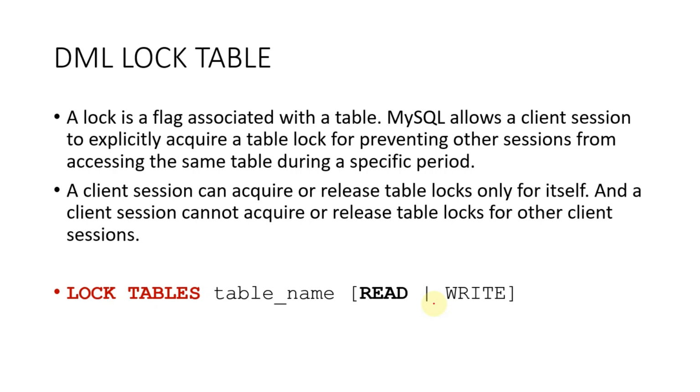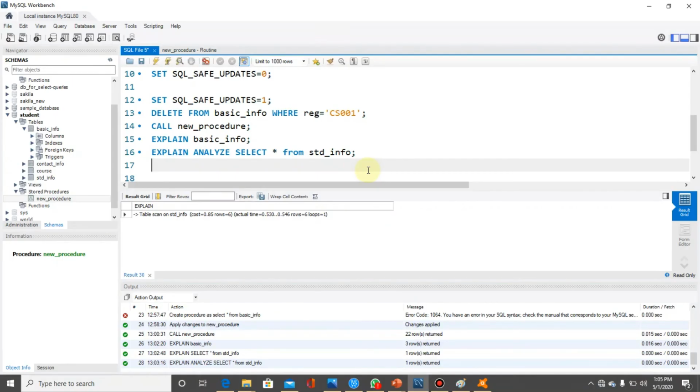So we have a query like this: lock tables, and then table name. We have two parameters, either read or write. So we can apply these. We will study this topic in detail in our concurrency topic later. Here I can lock this std info for the user.